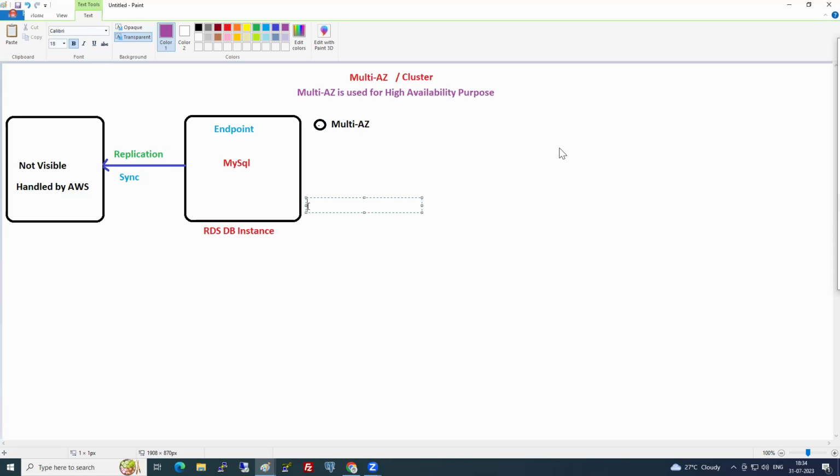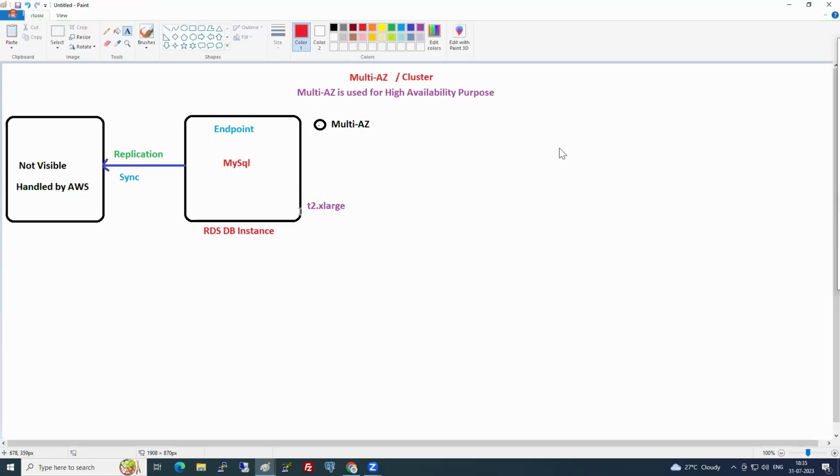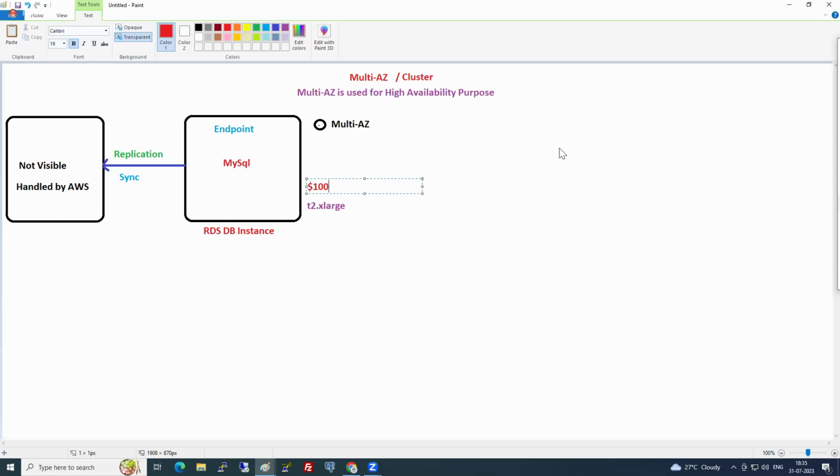For T2 micro, it is only 1 GB RAM and 1 CPU. So here also you have a DB instance where you can choose an instance type. Let's say, for example, you are using T2 X large, and you are paying $100 per month.